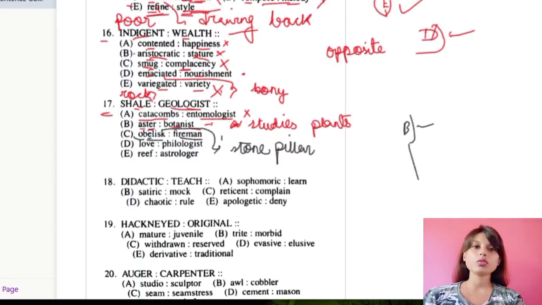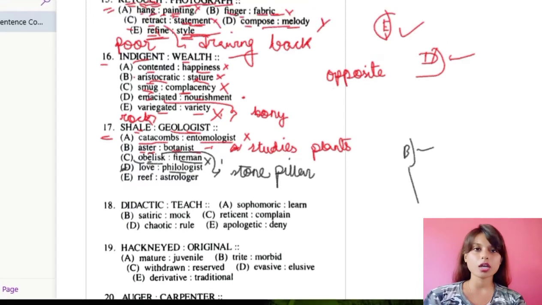So we are not going to consider number C. Let us move over to number D, love and philologist. Now love, we all know, is when you like someone, you love someone. And who is a philologist? A philologist is a person who studies the history of languages. It can be any language, okay.